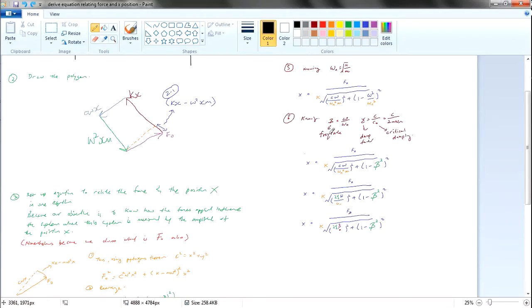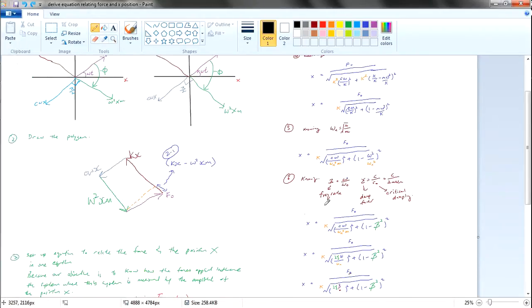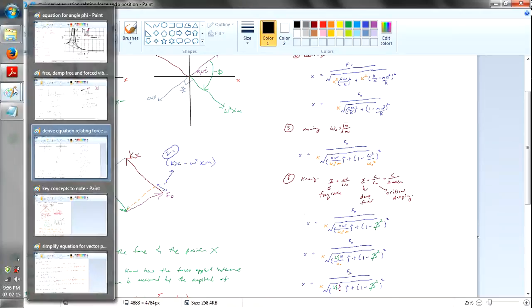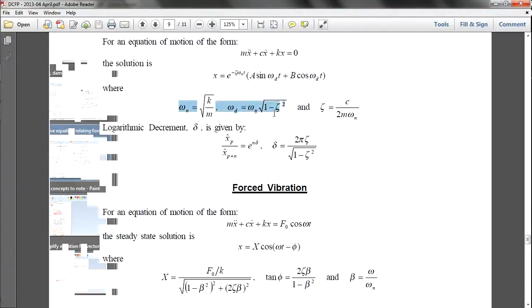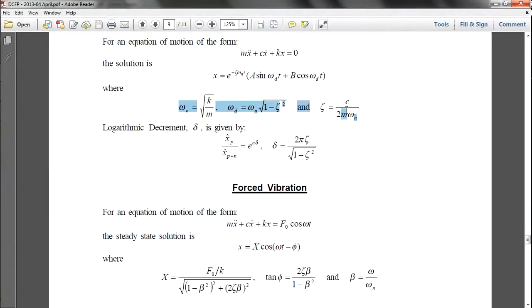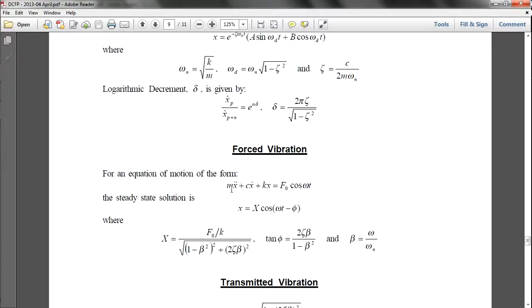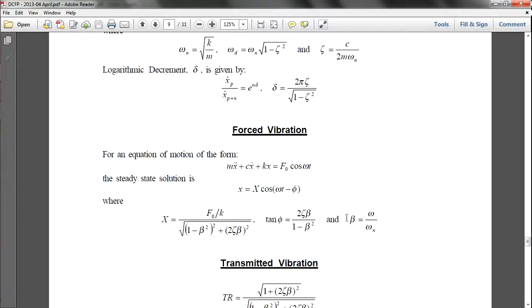These are the 3 things that are in your data sheet. In your data sheet, you should have a clear idea of what all of those things are, and also the beta.